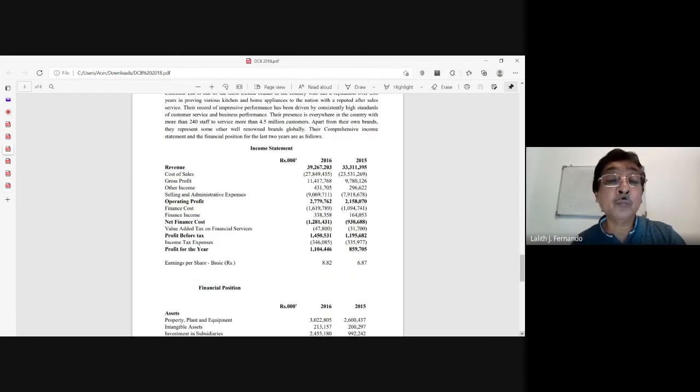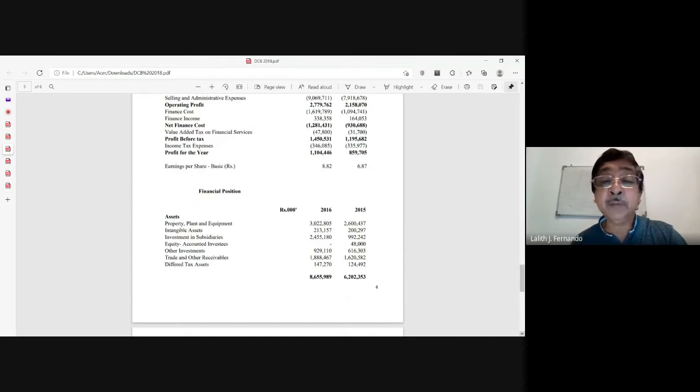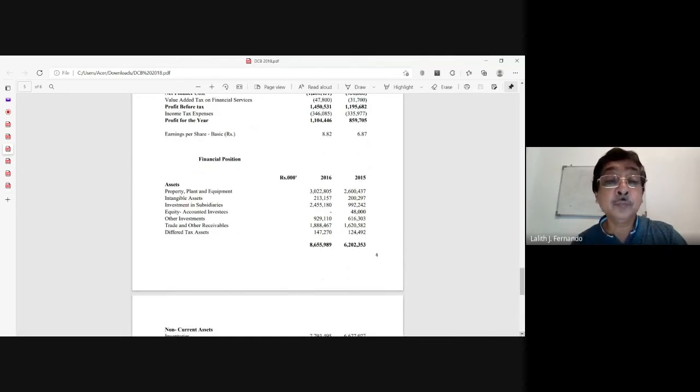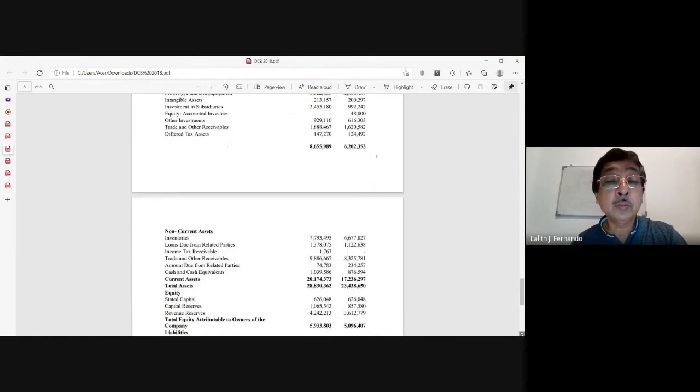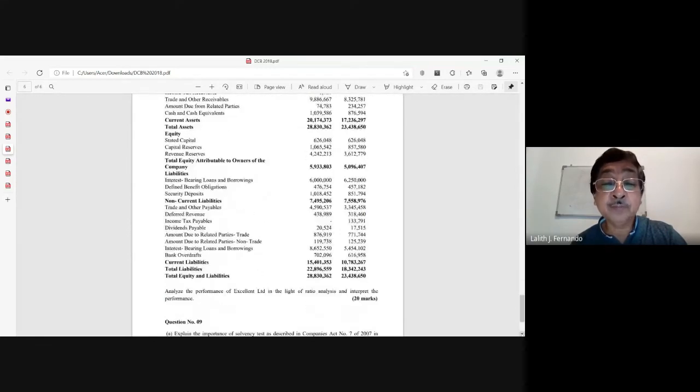So financial position is also given. This is a lengthy statement. Now, what it says: analyze the performance of Excellent Limited in the light of ratio analysis and interpret the performance. Now, this is a direct question, right?